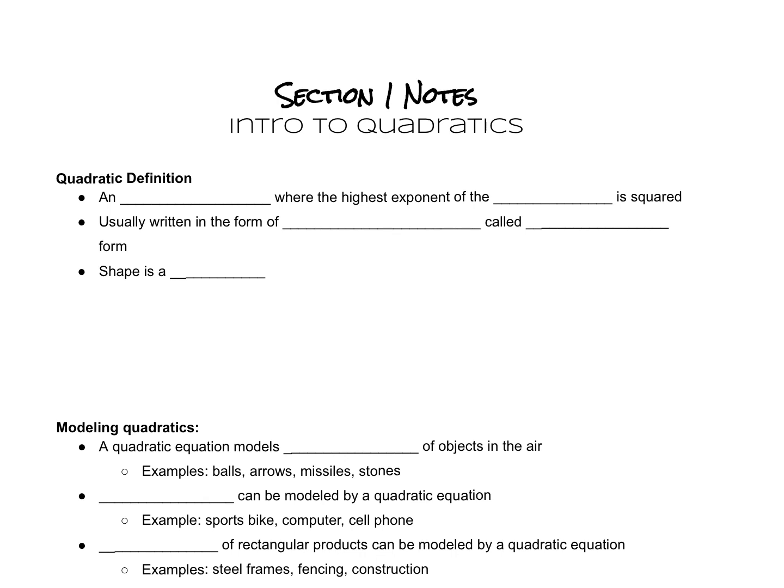So a quadratic is an equation where the highest exponent of the variable is squared. It's usually written in the form y equals ax squared plus bx plus c, which is called standard form.